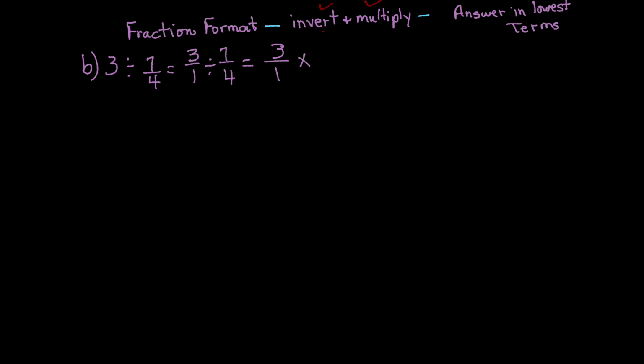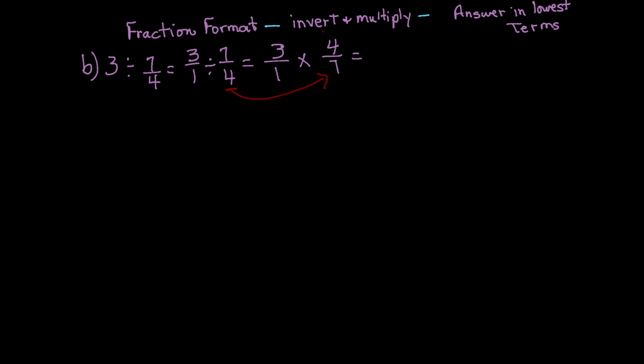Now I am ready to invert. And the number I am going to invert is going to be this one. It goes here, and it will be inverted. So therefore, the 4 goes on top and the 7 goes at the bottom.